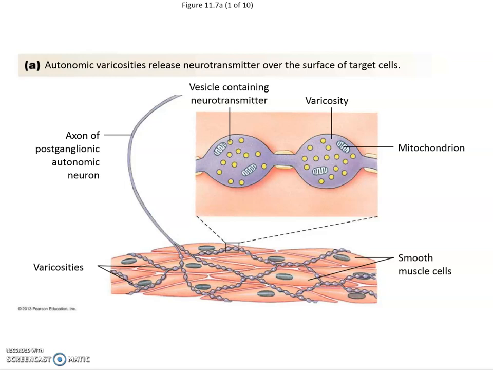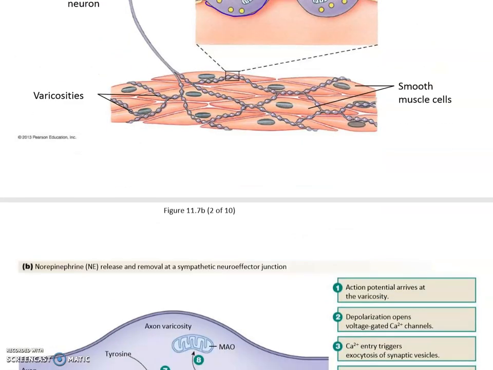You can see these sort of bubbles, almost these bulges, and they contain neurotransmitter. So if you are running this axon through the tissue and have these little varicosities that contain neurotransmitter, then you could simultaneously release the neurotransmitter, dump it on the entire area right here, and achieve a whole area contraction of smooth muscle cells.